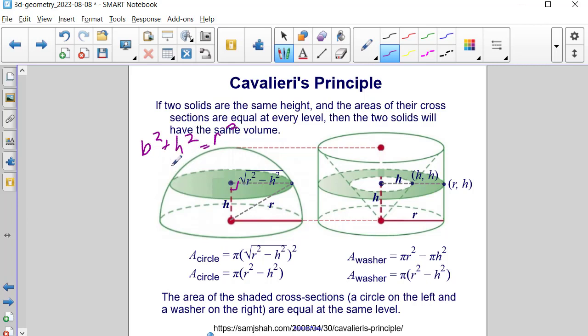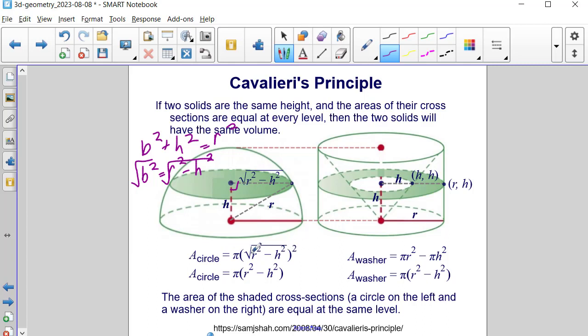If we solve it for b, we will have that b squared is equal to r squared minus h squared, and then if we square root it, we see that this b value is the square root of r squared minus h squared. So that is the radius of our cross-section.